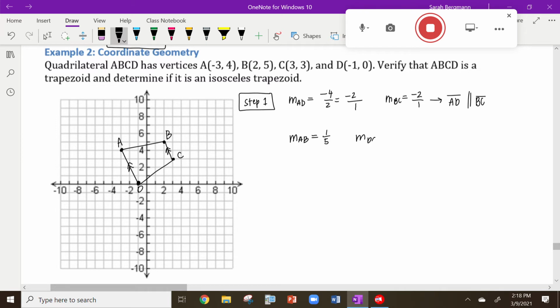And for the slope of DC, you have to go up 3 over 4, so the slope is 3 over 4. These do not have the same slope, so AB is not parallel to DC. So yes, it's a trapezoid because it has exactly one pair of opposite parallel sides.